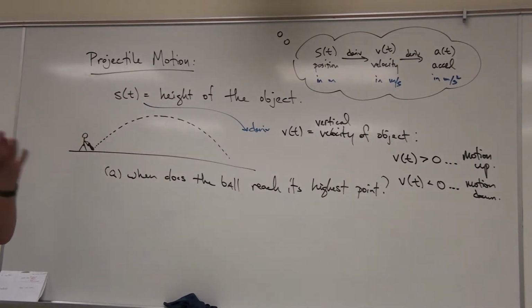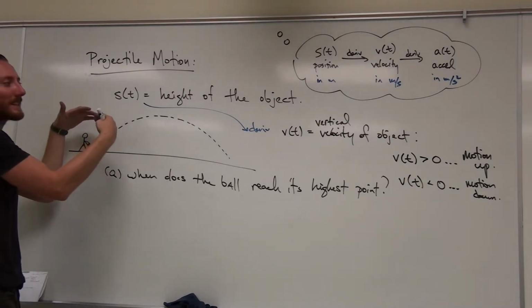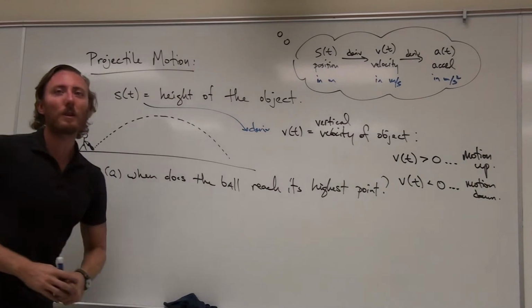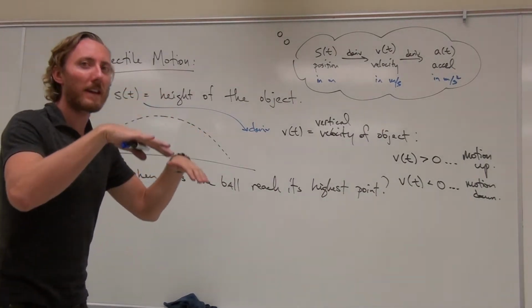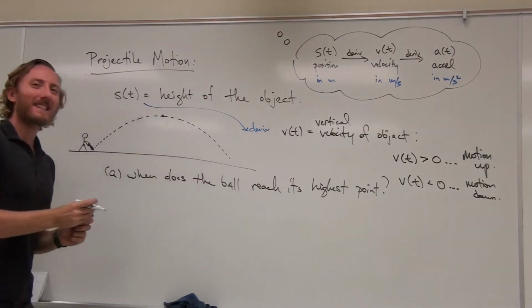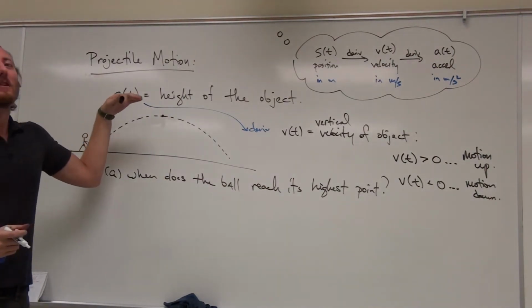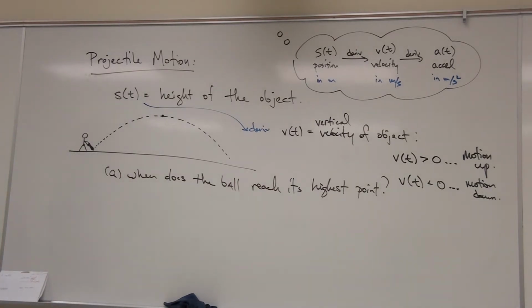But now, think about that for a second. Because if the velocity is positive when the ball is ascending, and the velocity is negative when the ball is descending, when does the ball reach its highest point? Well, the ball goes up and then comes down. And the point where the ball makes a shift from going up to going down is precisely where the ball is at its highest point.